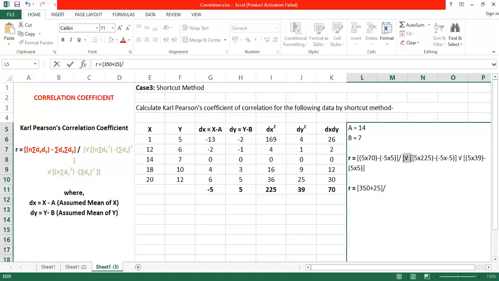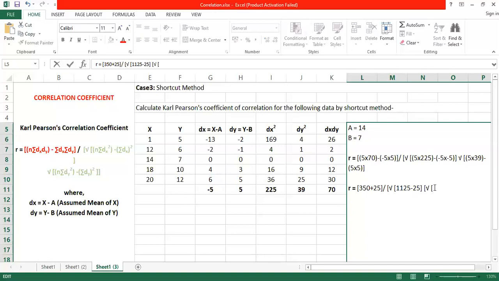Let me take this, put it here. Now see, it is 5 into 225. So it is 1125 minus, minus 5 into minus 5 is 25, and here it is minus, so 25. Right?